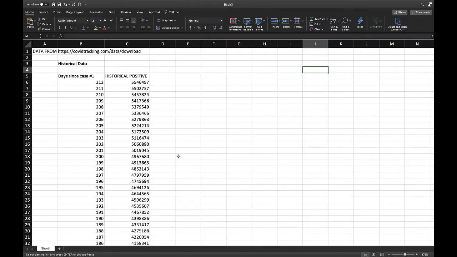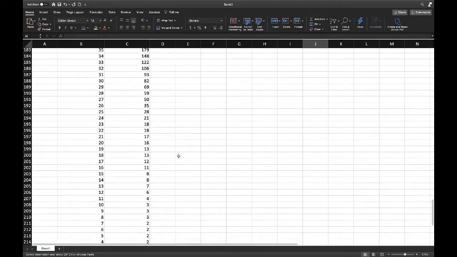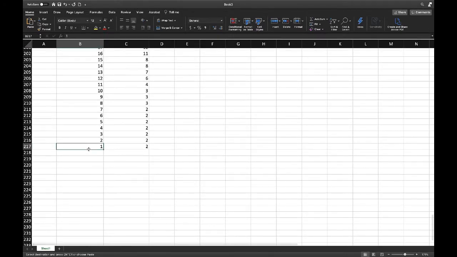So we're going to work through a small and pretty simple data set. This is actually the data on COVID positive numbers for the United States since the first case that was found back in February. So what you're looking at in this data is day one, the first day when cases were found in the US.